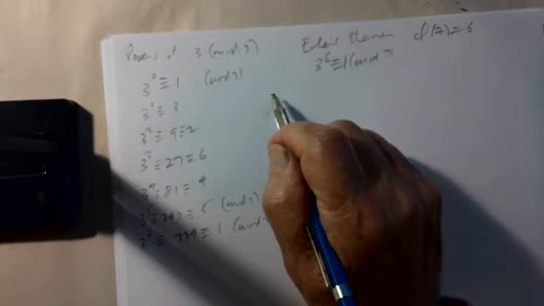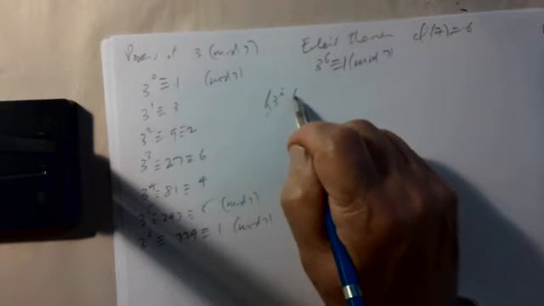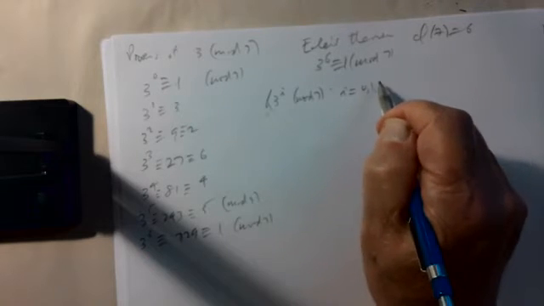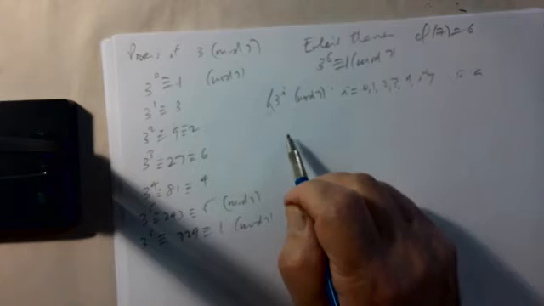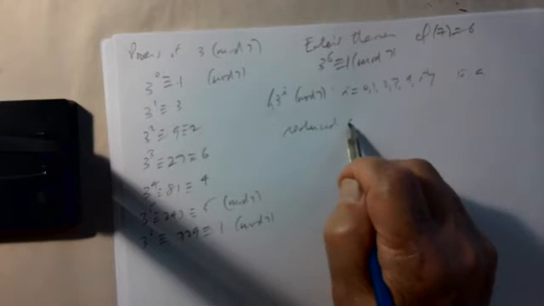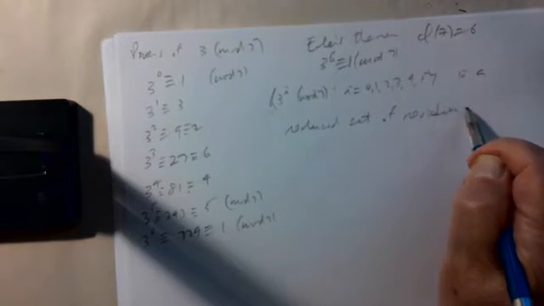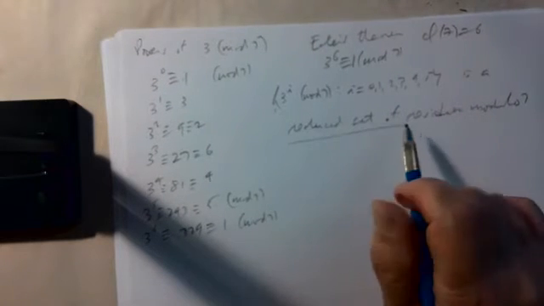So the set of powers 3 to the i, mod 7, where i is 0, 1, 2, 3, 4, and 5, is a reduced set of residues modulo 7.